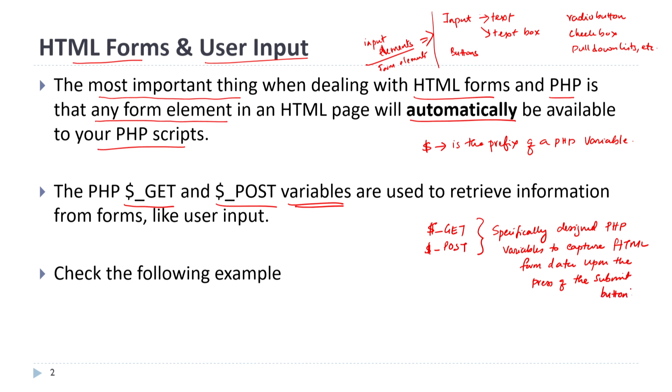So, when you press the submit button, these two variables, they are custom built, specifically designed in PHP, and what they do is they can capture the information, and you can use these variables to retrieve the information from HTML forms, whatever the user input be.